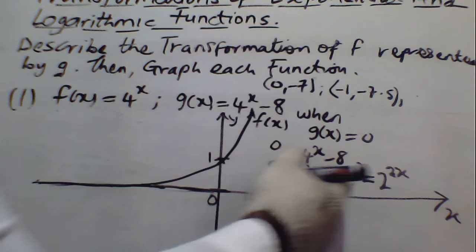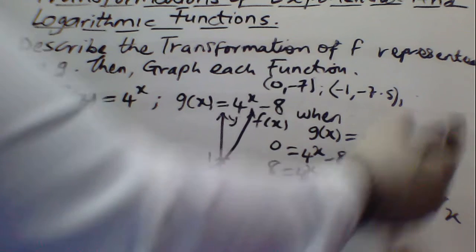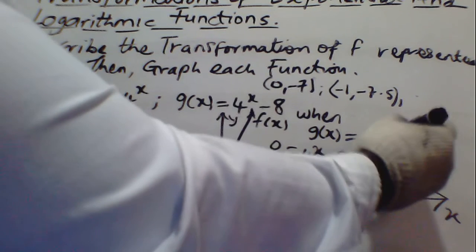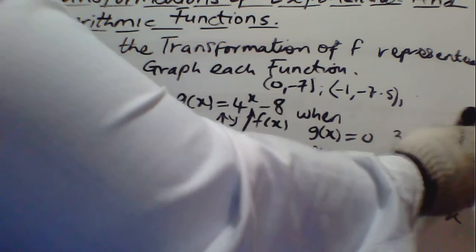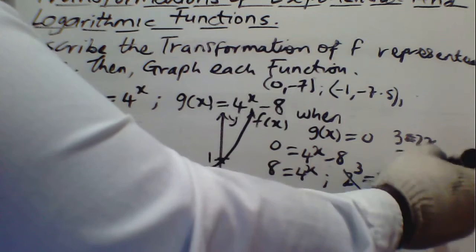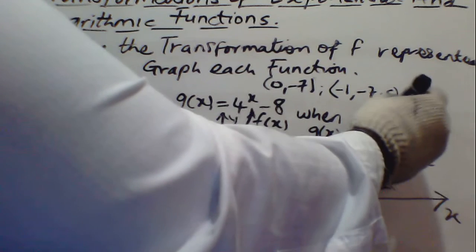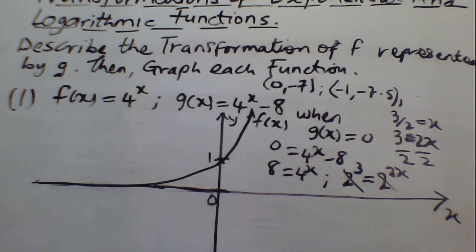The bases are the same, so the bases cancel out to give us 3 equals 2x. Divide both sides by 2, we now have 3 over 2 equals x. So we get another point, we have 3 over 2 and 0.